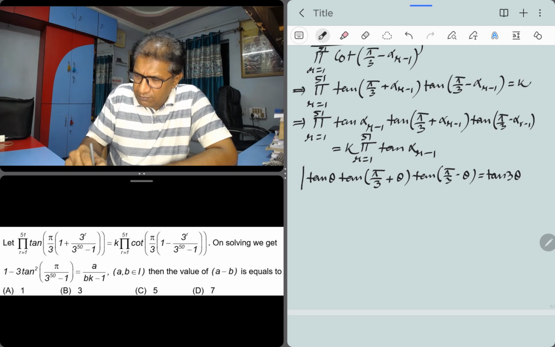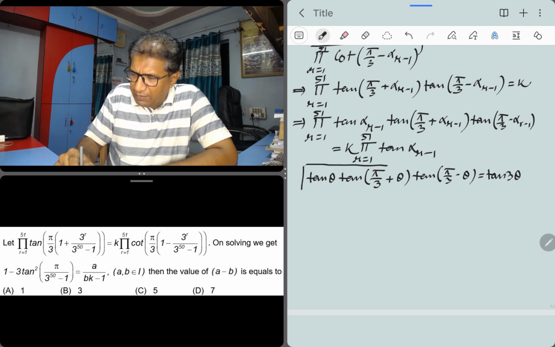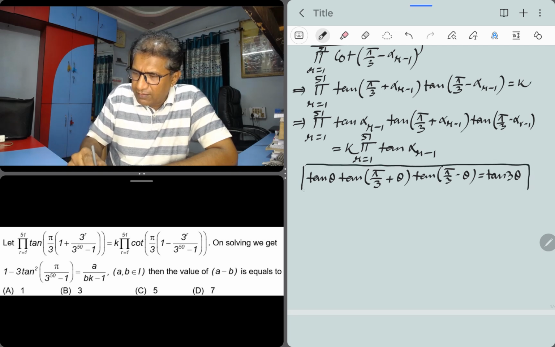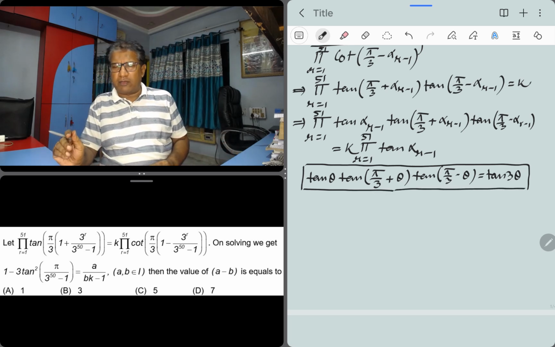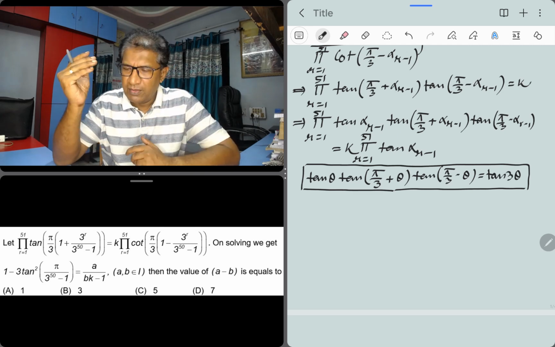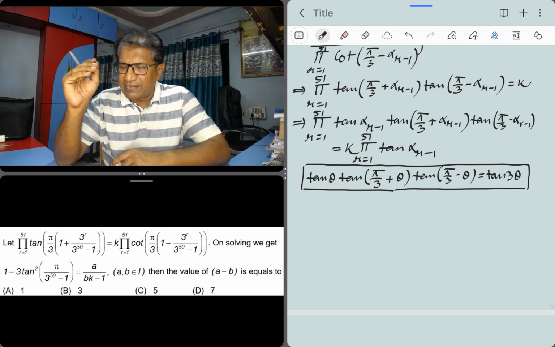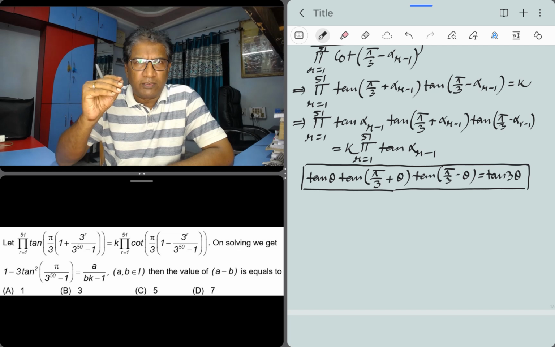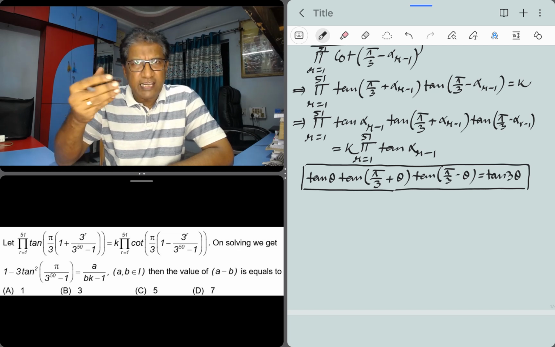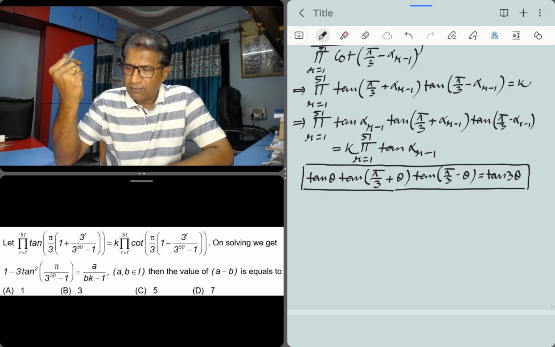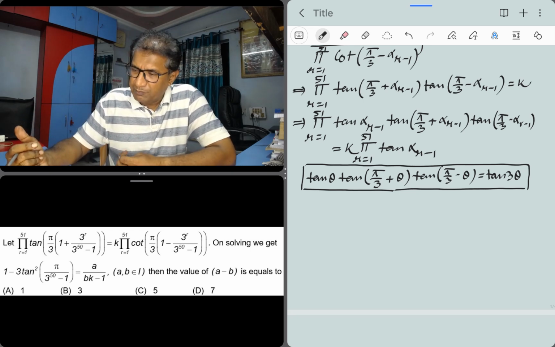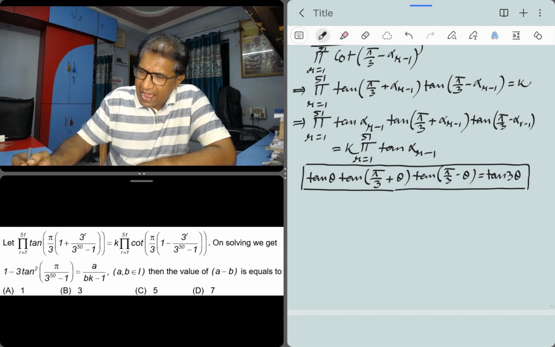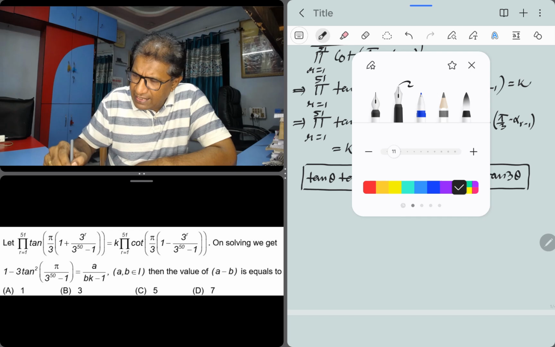This is a form which you have all proved at the basic level. In any textbook, whether you are from CBSE or any other board, it doesn't matter. This is a very common identity to be proved in your trigonometry chapter, right? So, by using this formula, I can write this part.